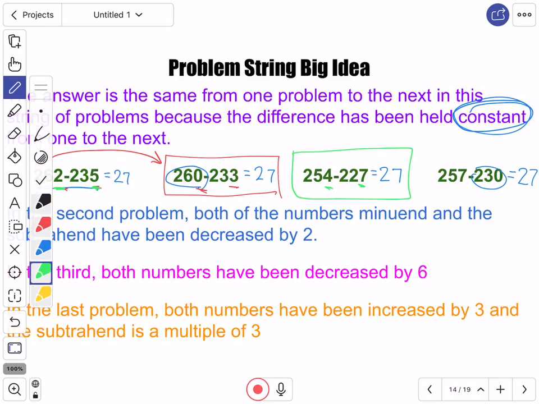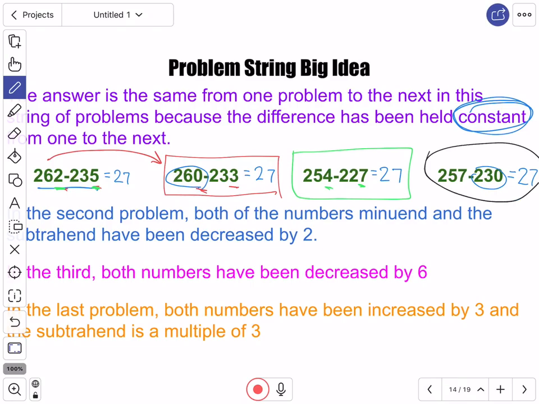And then finally, let's take a look at this last problem for a moment. 257 minus 230. Both numbers have been decreased by 3. I'm sorry, increased by 3. So increased by 3 from this one to this one. So plus 3 and plus 3.